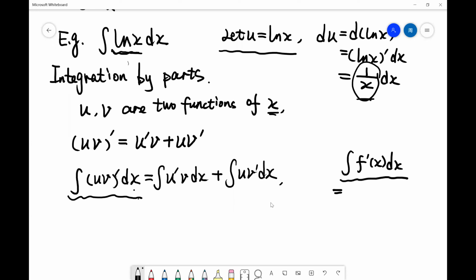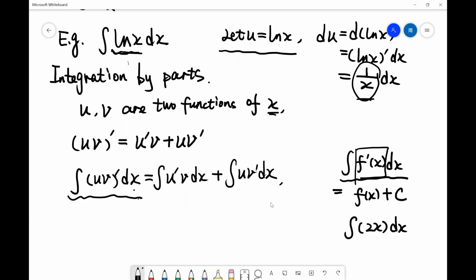Actually, that means to find all the antiderivatives, right? And so here, for f'(x), one antiderivative is f(x), right? So here that equals f(x) plus c here.